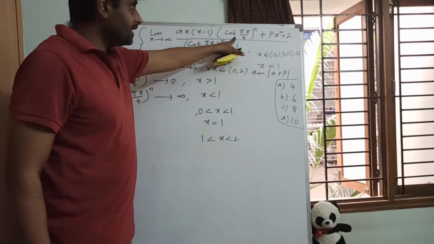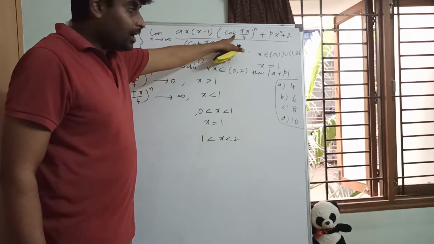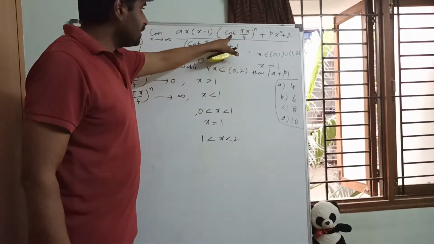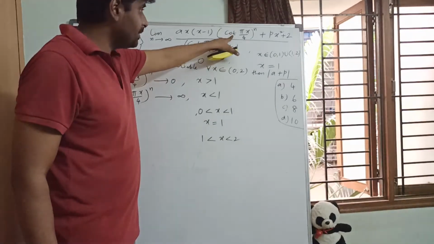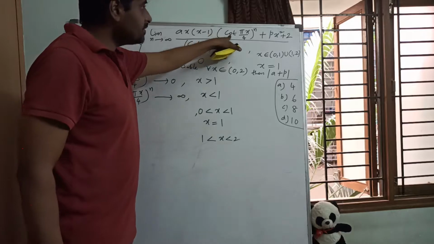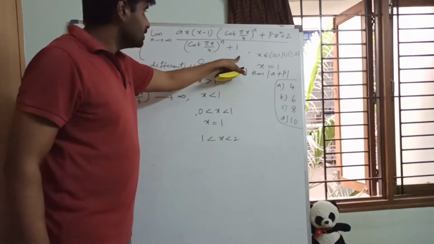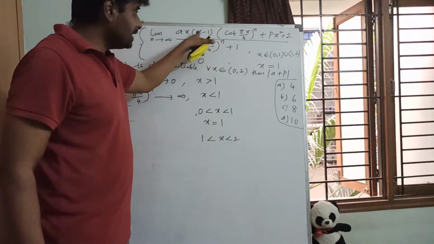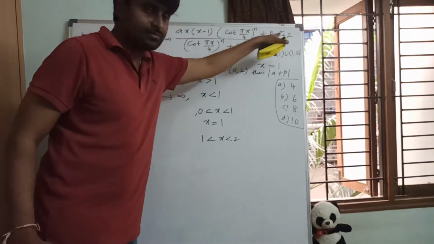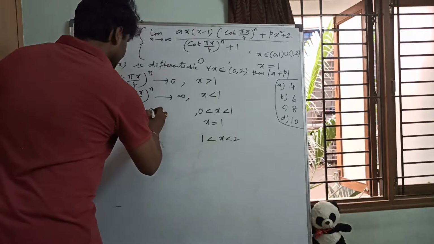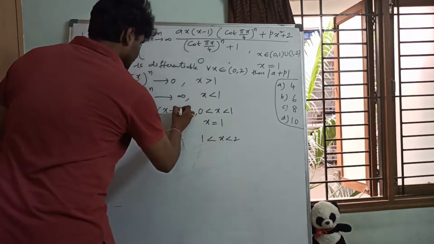Whenever this value is infinity, it should not be on the numerator, so we take it common from numerator and denominator. It will be cancelled and this comes down, this also comes down. What will be left on the numerator? Something by infinity becomes 0, so this term will be left. So I can write Ax into x minus 1.